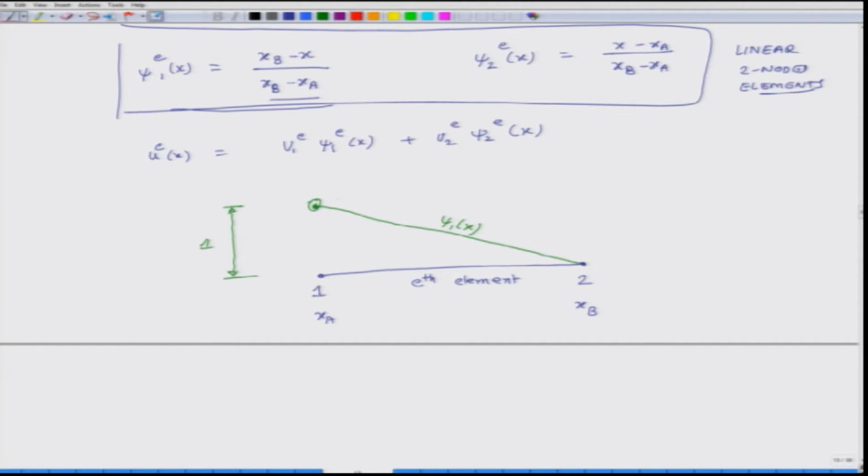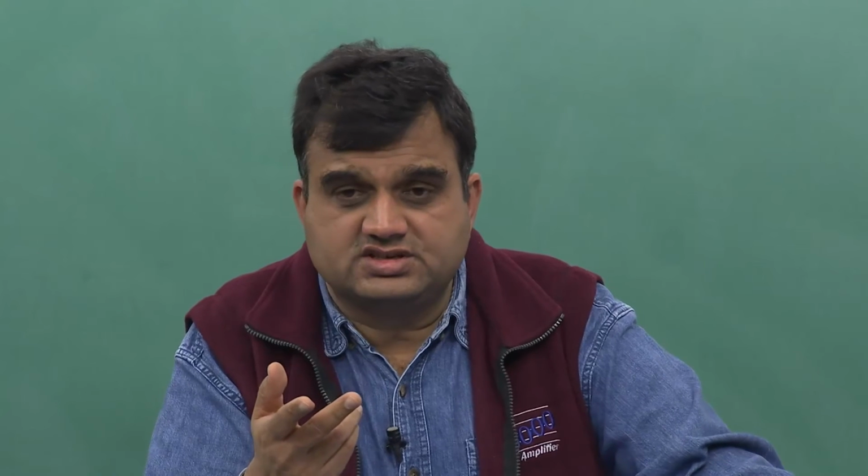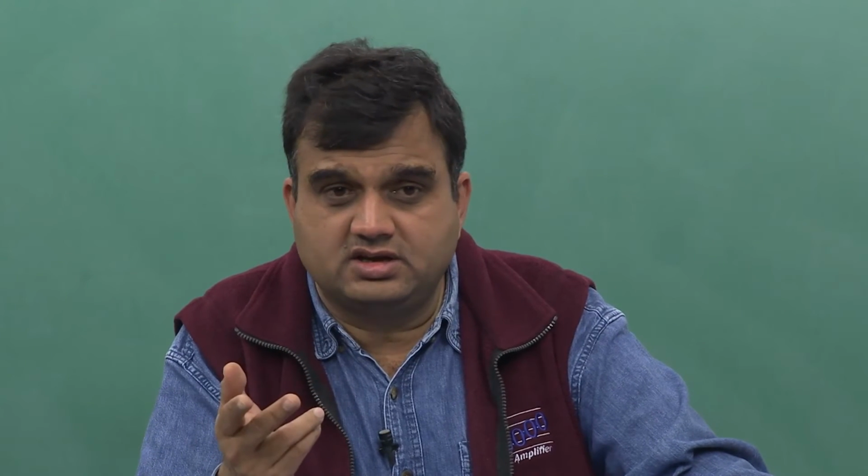The second function is similar, but it moves in a different way. It is 0 at the first node and it is 1 at the second node. And this feature is something you will see again and again in quadratic elements. You will have 3 functions, psi 1, psi 2 and psi 3.